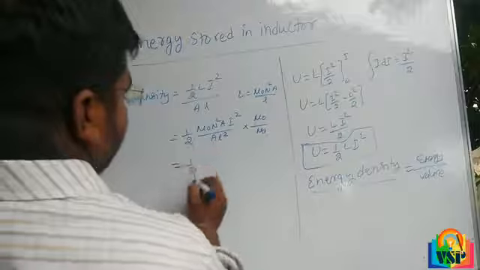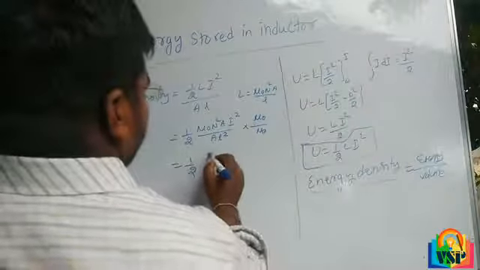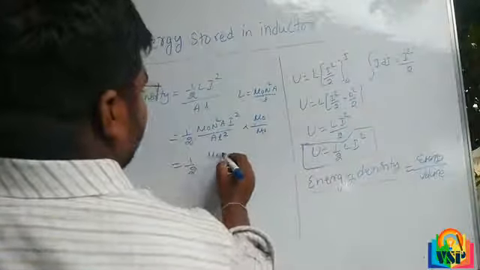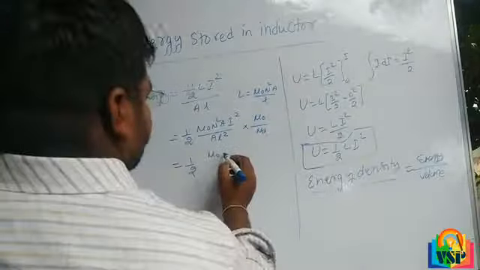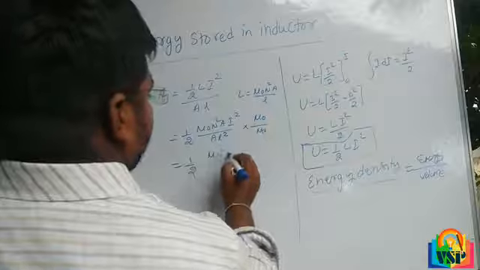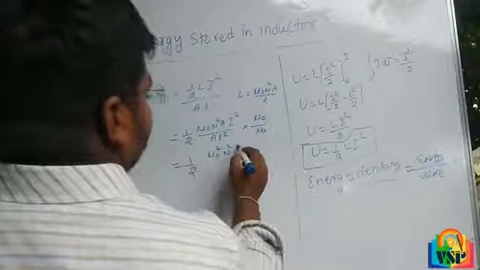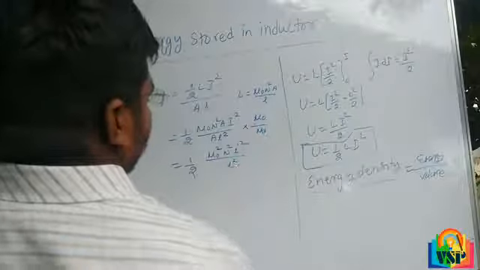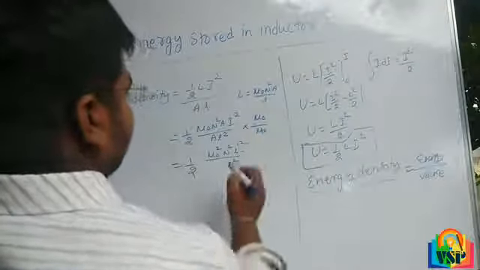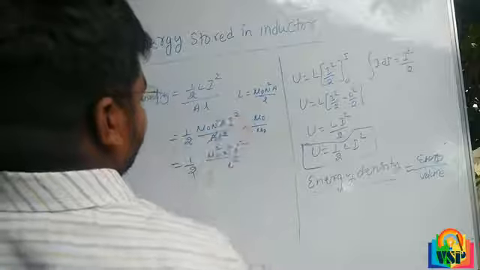We can get 1 by 2 mu naught square N square I square divided by mu naught l square. A gets cancelled.